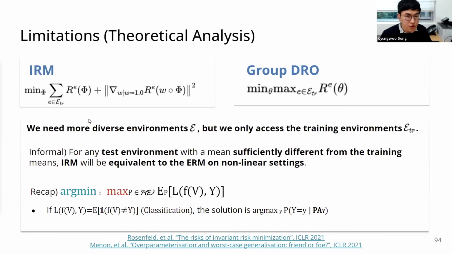Besides, both IRM and group DRO can only access the training environments. Therefore, the superiority of IRM and group DRO is not guaranteed when we handle test environments that are sufficiently different from the training environments.